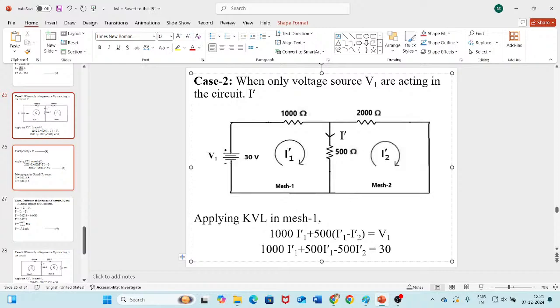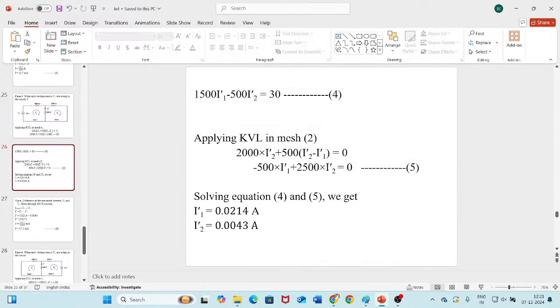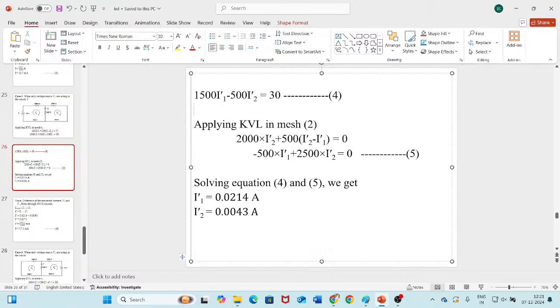So you just expand this: 1500 I1 dash minus 500 I2 dash is equal to 30. That I have mentioned in the next slide.